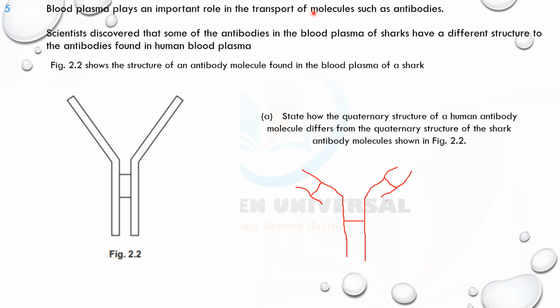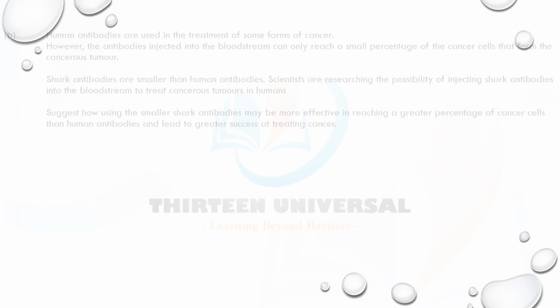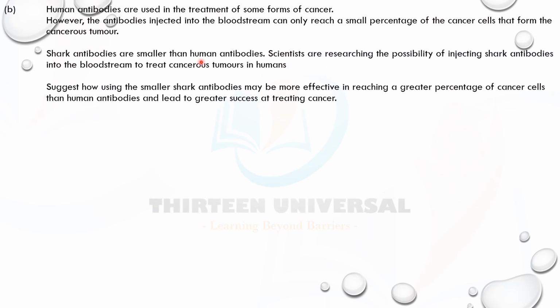So that is it, guys. Human antibodies are made of four polypeptide chains, two long or heavy and two short. The short ones are the light chains, and the long ones are the heavy chains. All right, one mark. Human antibodies are used in the treatment of some forms of cancer. However, read this question, guys.